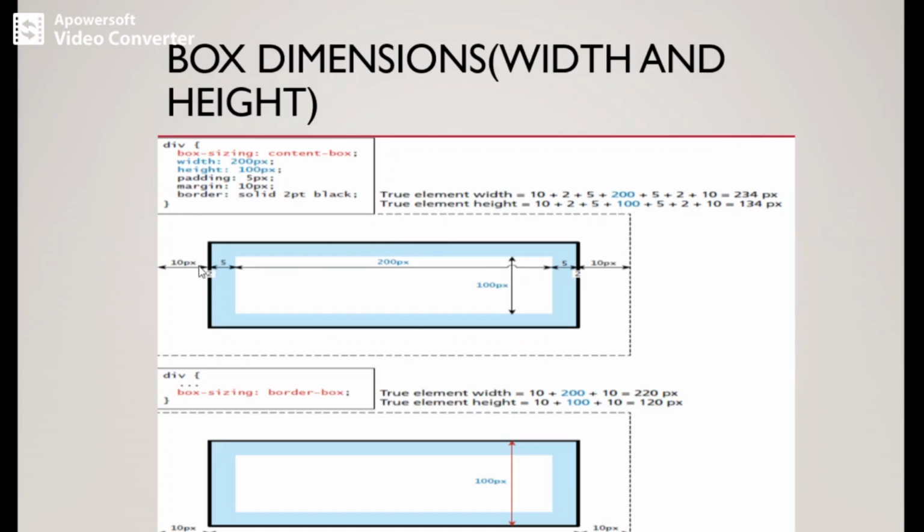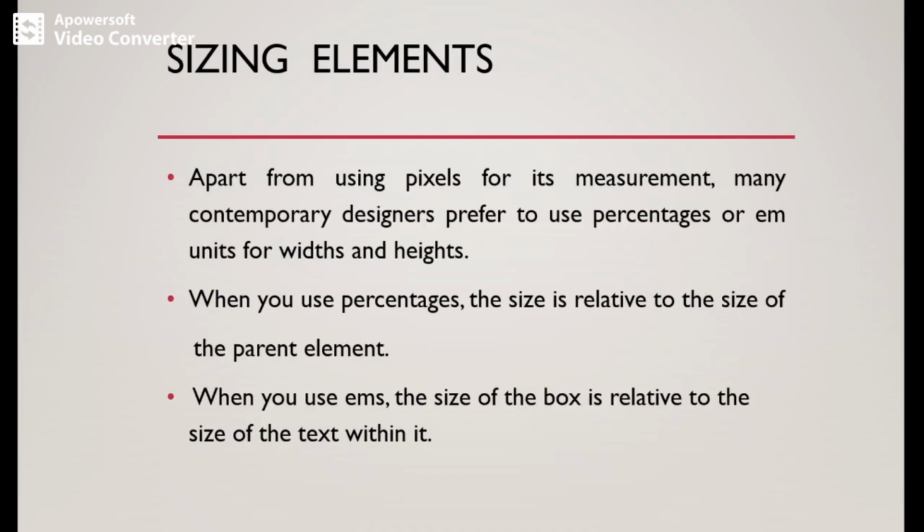Then border solid 2 point black, it is 2 pt. So that also, left border, right border, we are taking 4. So 34. So 200 plus 34, 234 pixel is the actual width. Same thing goes for the height also.